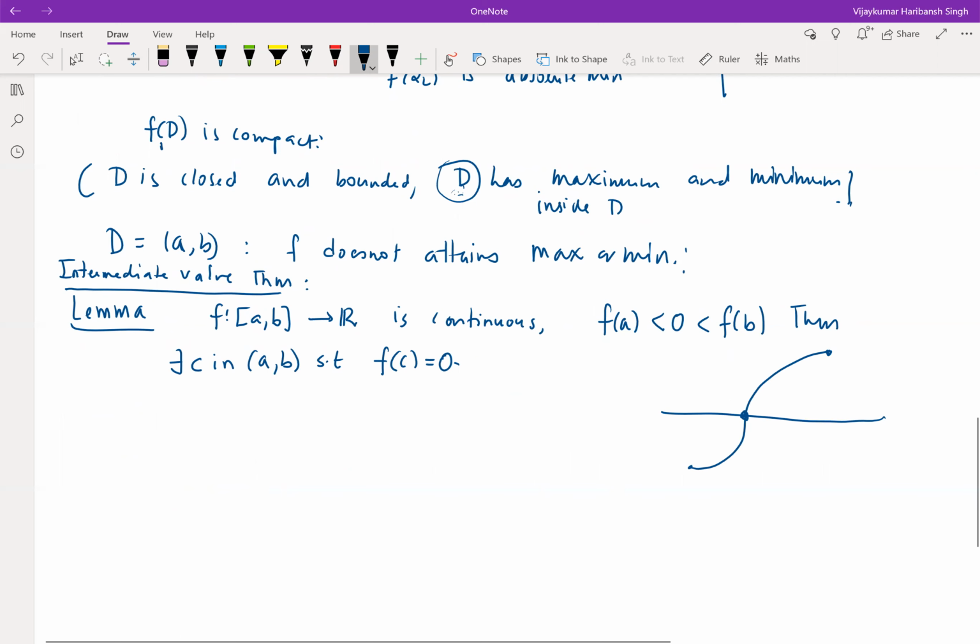So the idea is the following: you take all x such that f of x is less than or equal to 0, and look at the supremum of this set S. Let c be the supremum of S, and then show that f of c is 0.